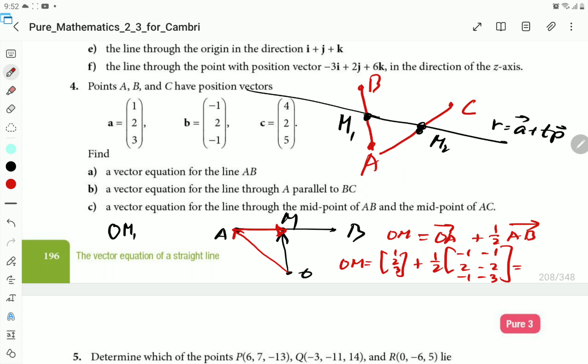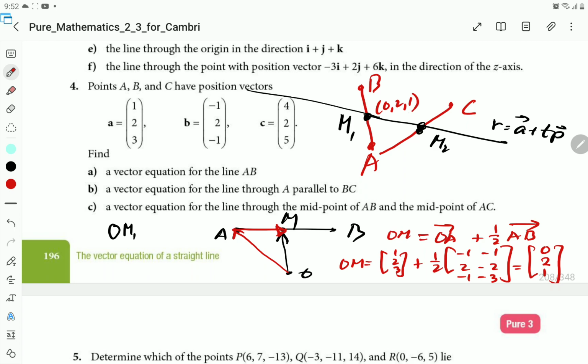So negative 1 minus 1 is negative 2 times 1/2 is negative 1, plus 1, so this is now 0. 2 minus 2 is 0, half, so this is going to be 2. Negative 1 minus 3 is negative 4, half is negative 2 plus 3 is 1. So now this point is 0, 2, 1.